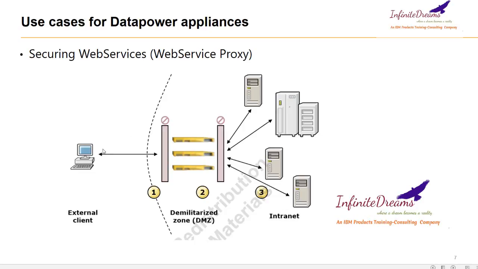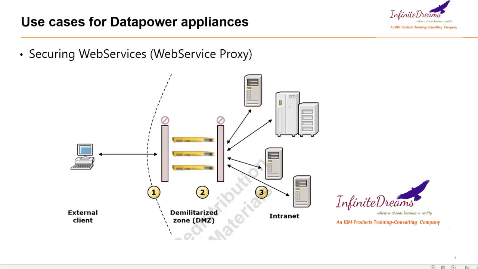Basically that WSDL file will have the location where the server is placed. Sometimes we do not want to tell the actual server location to the client.